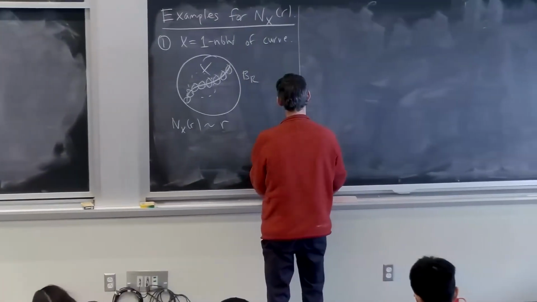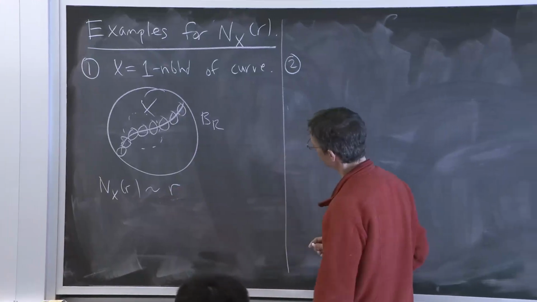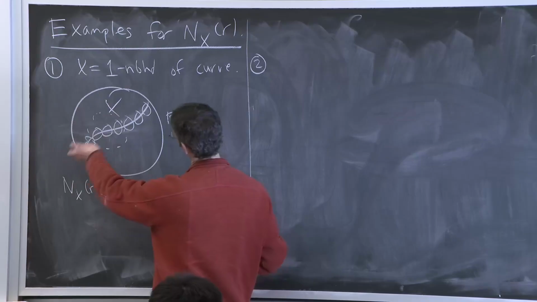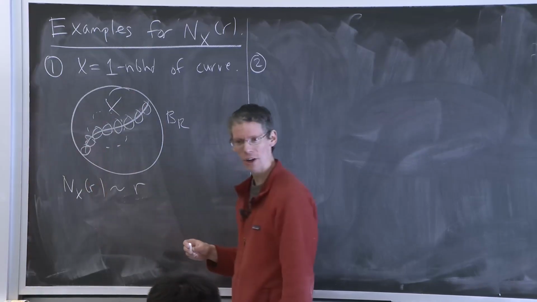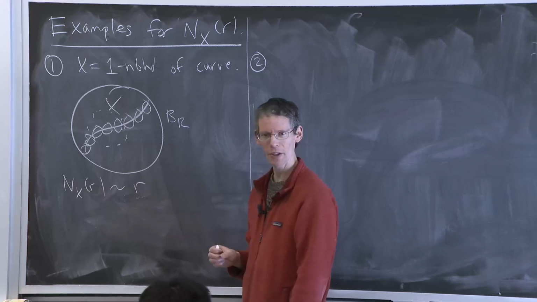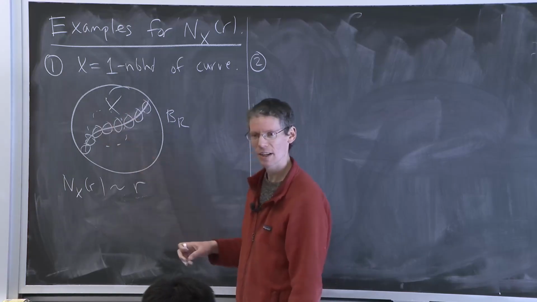Do a second example. Second example, it would be very spread out. If you imagine that these points are like positive charges that repel each other, and they push as far away from each other as possible, they would arrange themselves in something like a lattice inside of here.